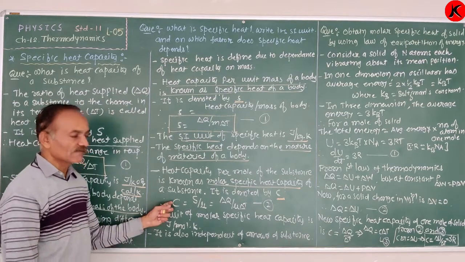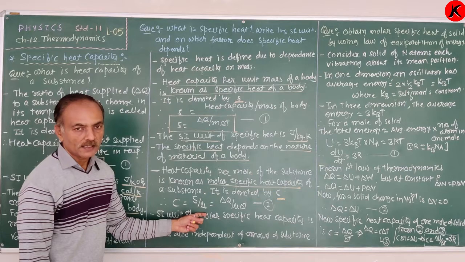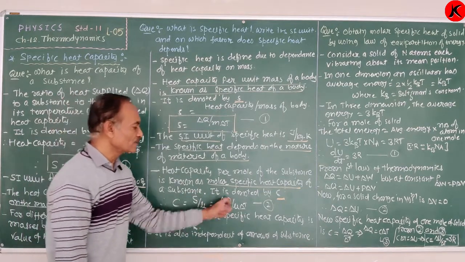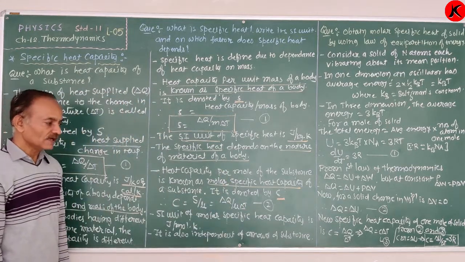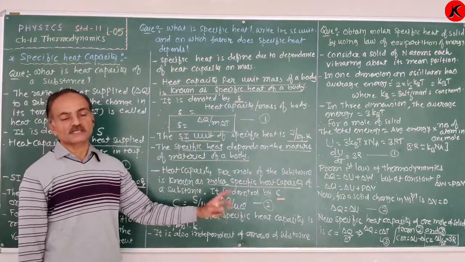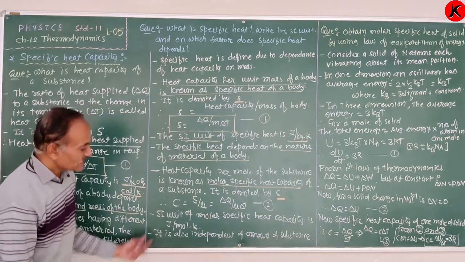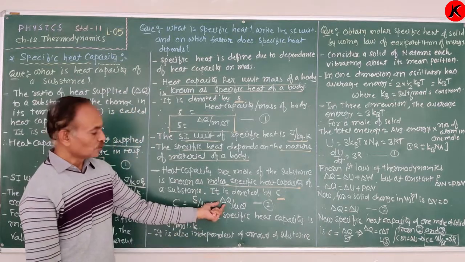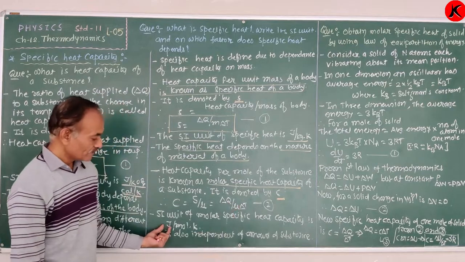Therefore, C is equal to heat capacity upon number of moles, capital S upon mu. Therefore, delta Q upon mu delta T. Mu is the quantity of a gas, the number of moles. The SI unit of molar specific heat is joule per mole into Kelvin.